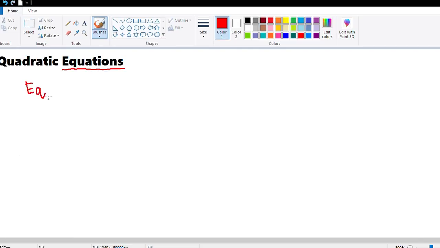So an equation. What is an equation? An equation is a mathematical statement that shows the relationship between two or more expressions. So it's basically a relationship.